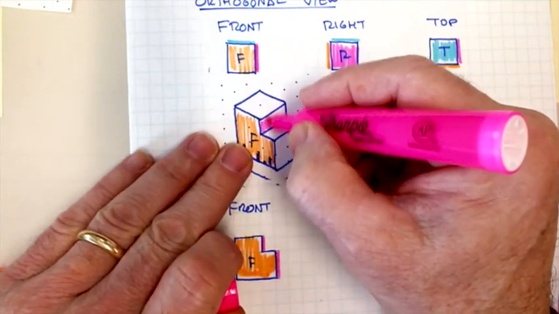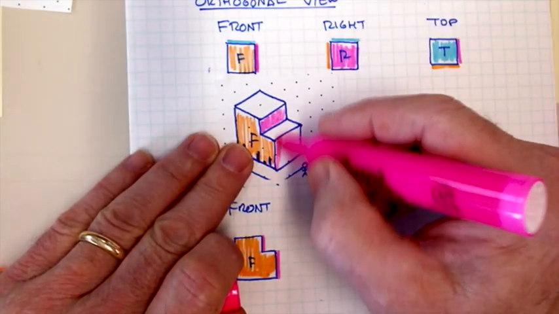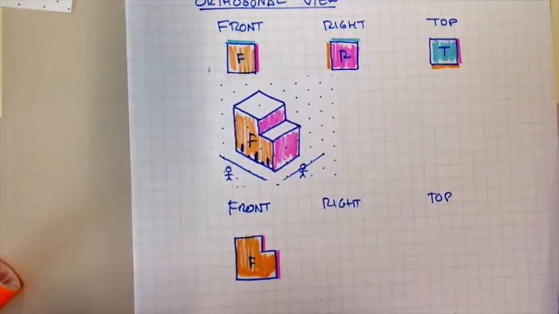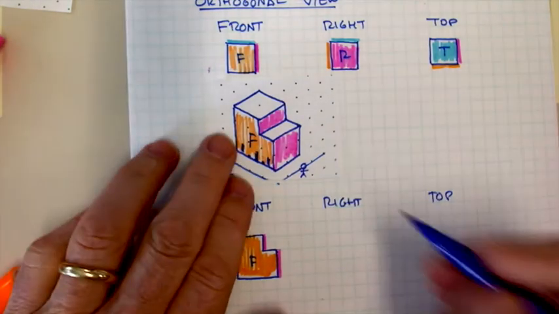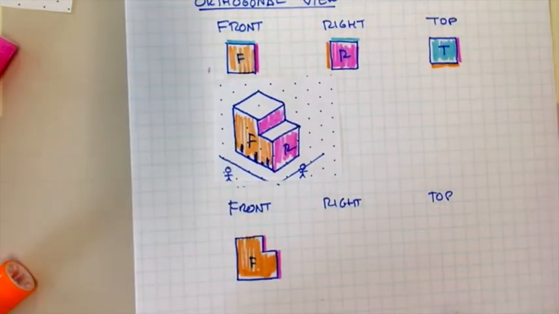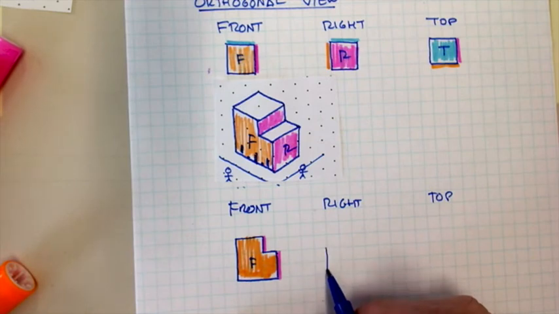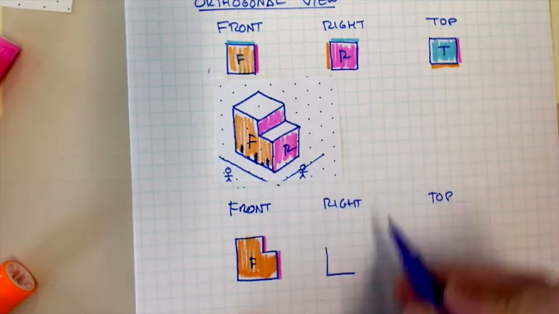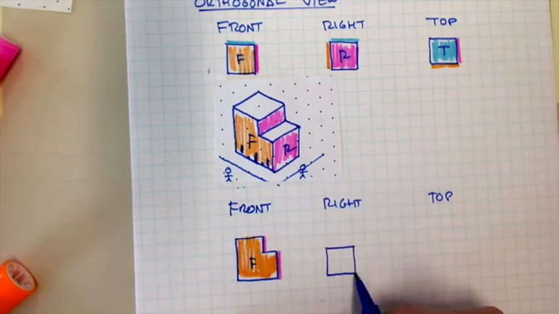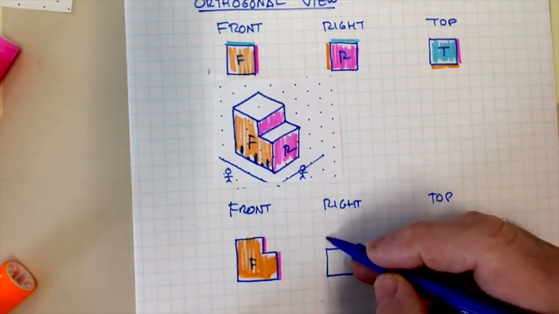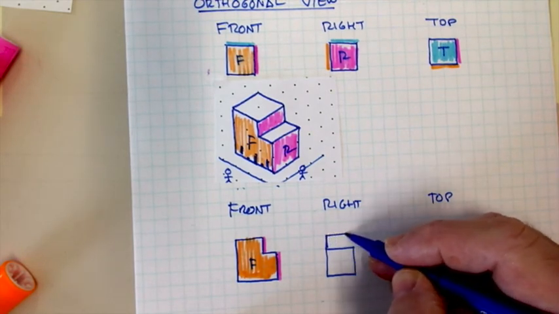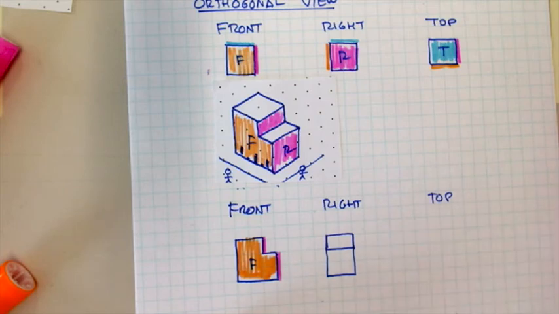And here's where it gets a little bit different than what we had before. When we see it this time, we're standing over here from the right, we're actually going to see the face that is this square here, and another rectangle on top of this.